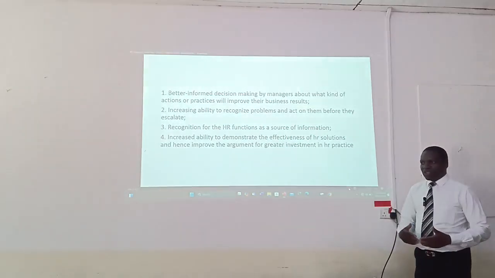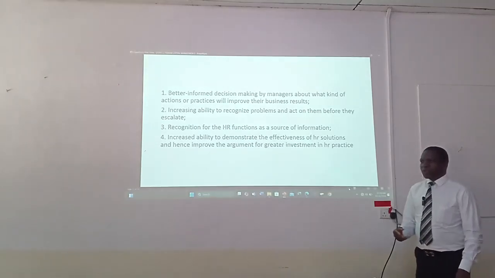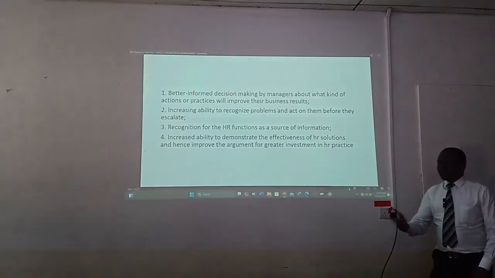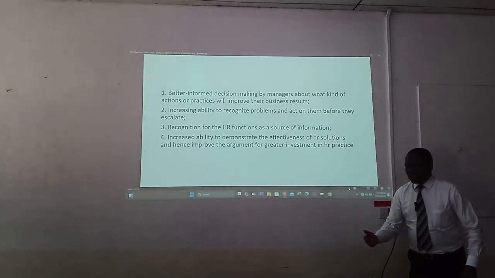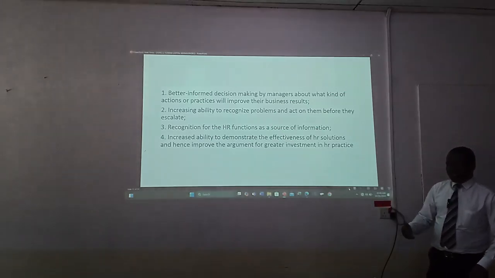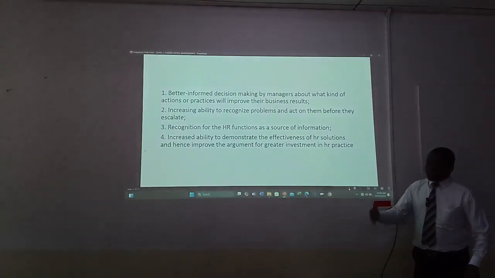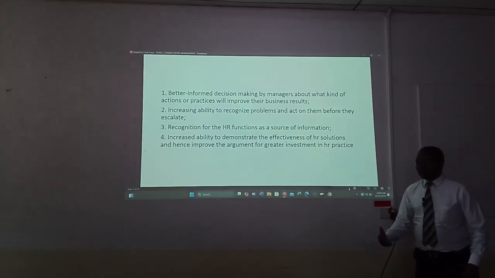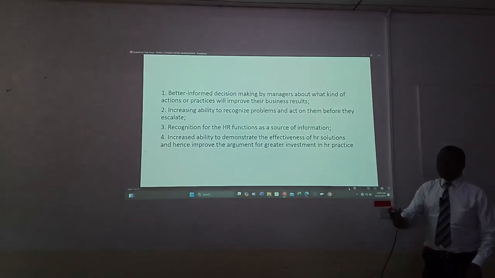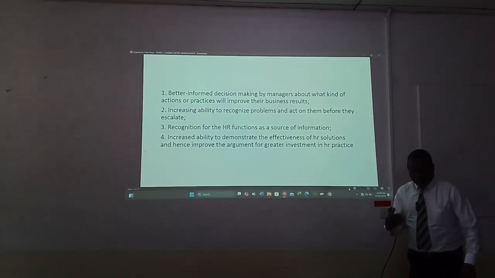For example, if you want to promote someone, you can't just promote someone based on what you are seeing outside, but it should be based on the report that you are receiving from the line managers. These reports will help you to make a better decision on whether you want to promote this one or not.